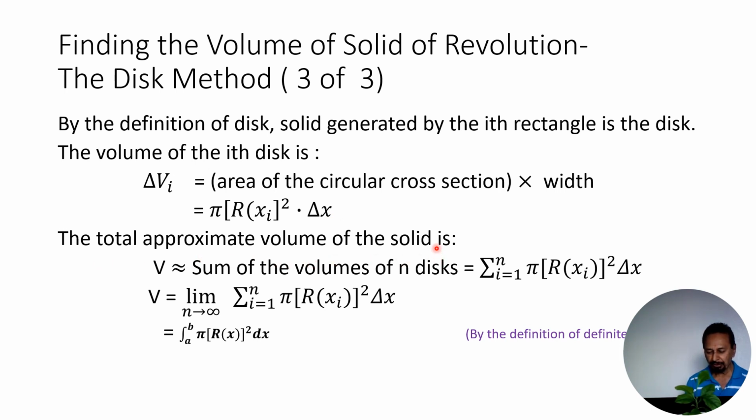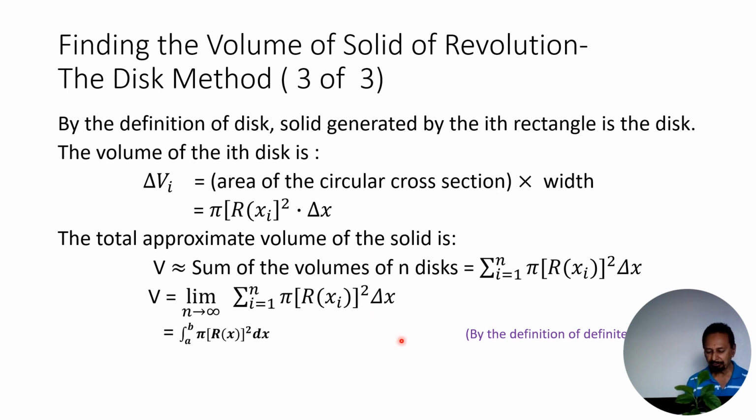If you add up the volumes of all the disks, you can write the summation from i equals 1 to n of pi times r of xi squared times delta x. This is the total volume. Then you take the limit as n approaches infinity of the summation from i equals 1 to n of pi times r of xi squared delta x.